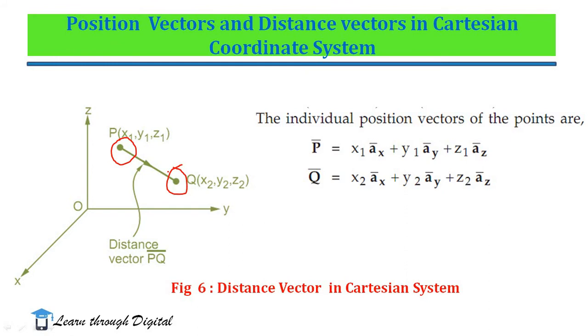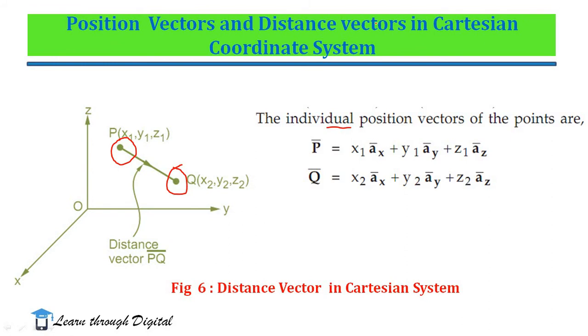We know how to write the position vector at point P. The vector components are x1, y1, z1. So P vector can be written as x1 ax vector plus y1 ay vector plus z1 az vector.